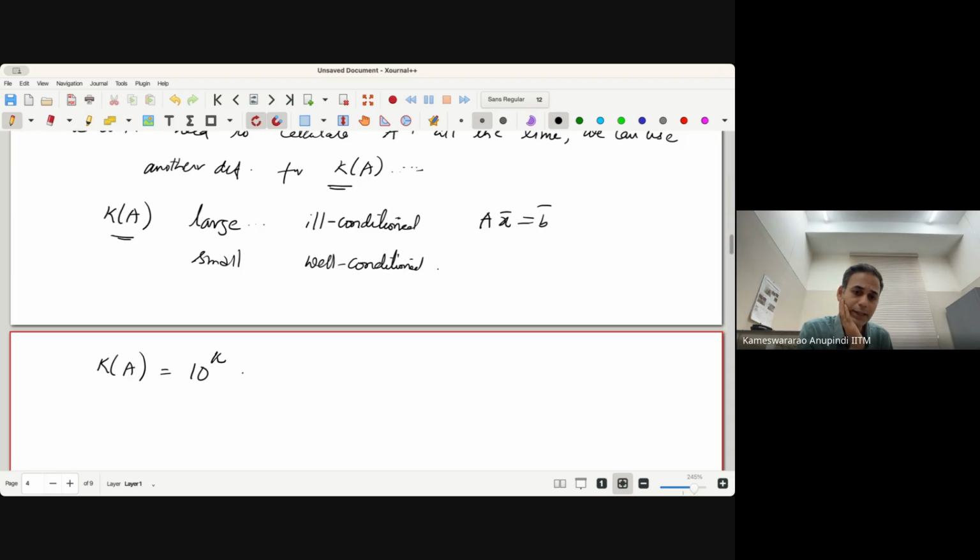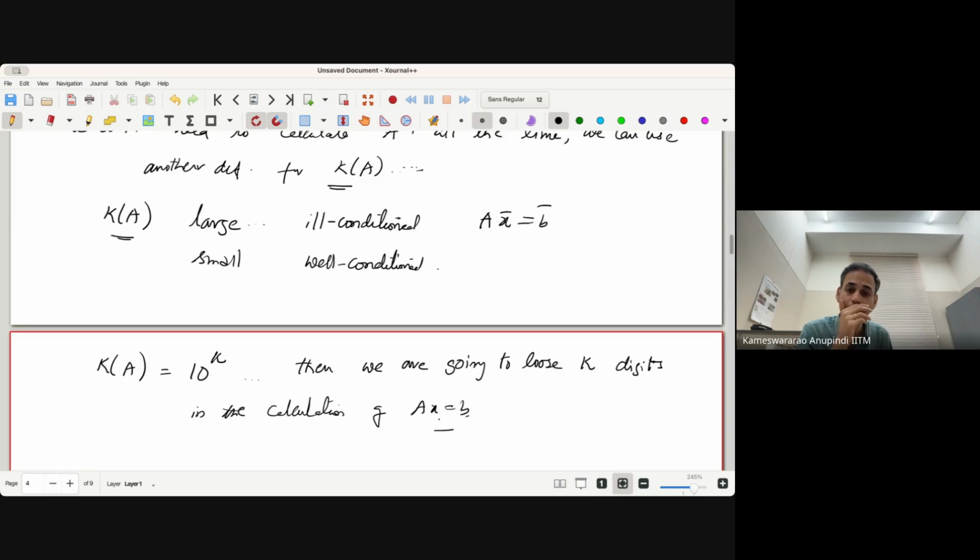If we can write it as 10 power K, then we are going to lose K digits in the calculation of AX equal to B. So let us say if it is large, for example 10 to the 4, then we're going to lose 4 significant digits in the calculation of AX equal to B by any method. So that means the solution is not going to be accurate.